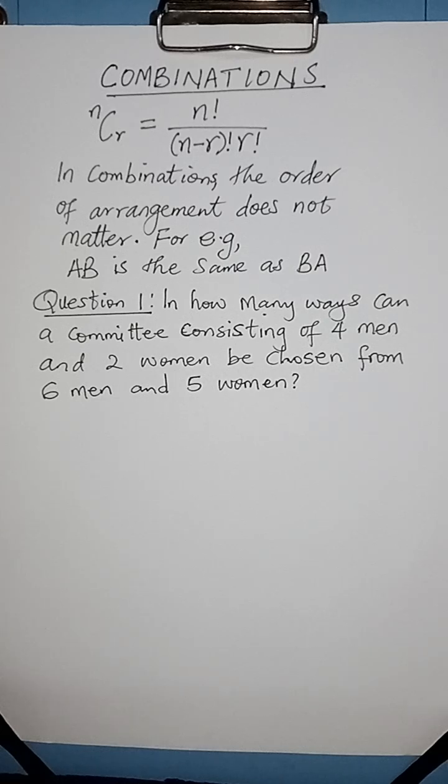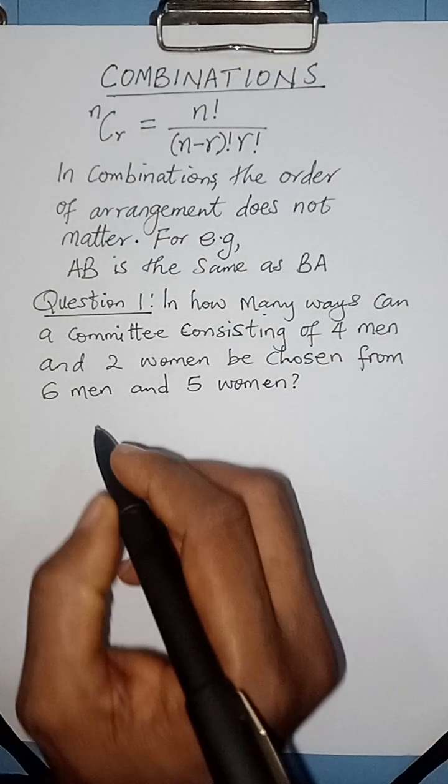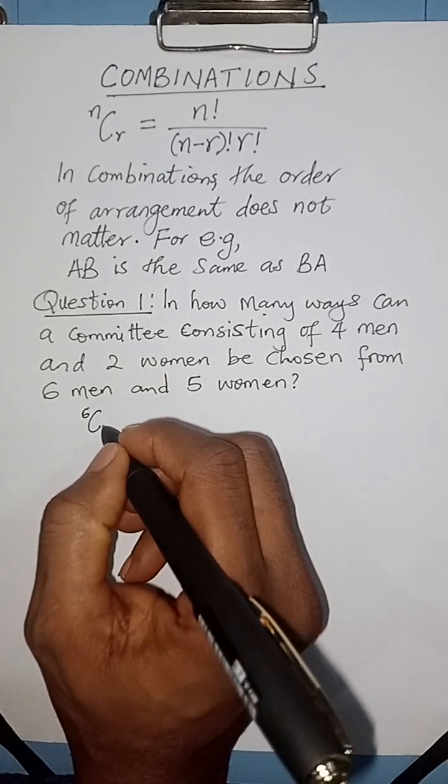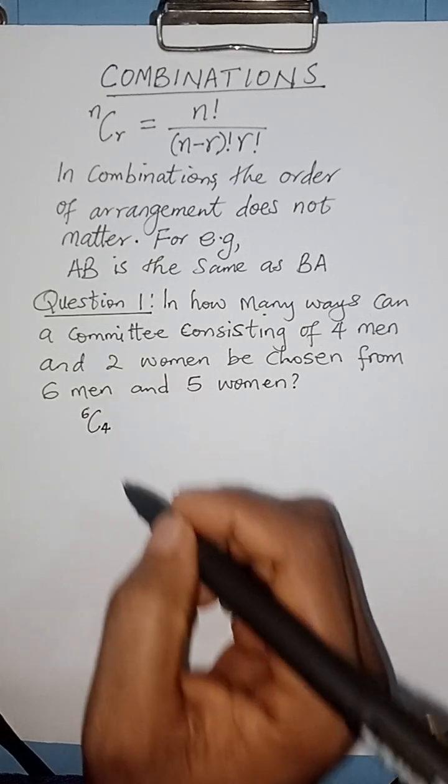So what do we do? First of all, look for how to choose 4 men from 6 men. In choosing 4 men from 6 men, I'll use the combination formula.